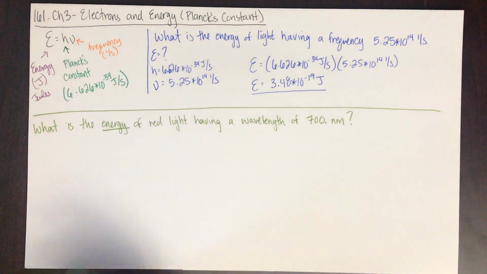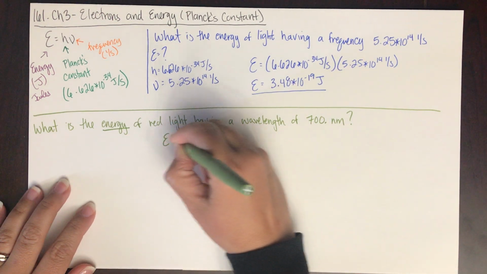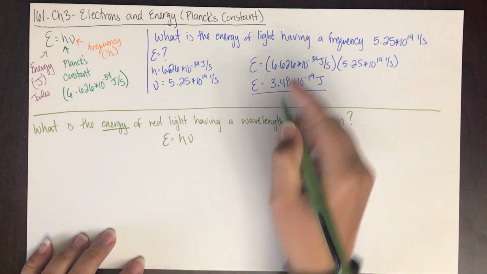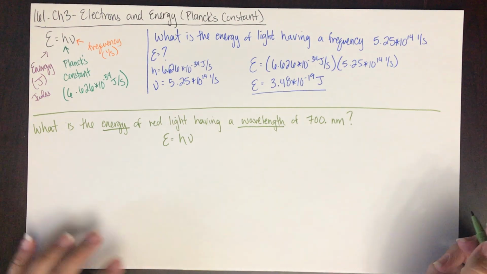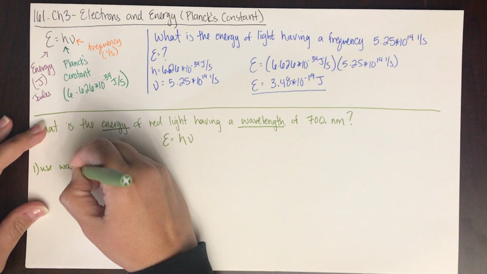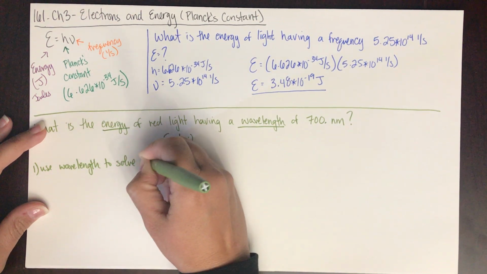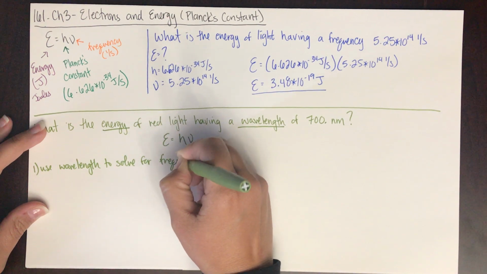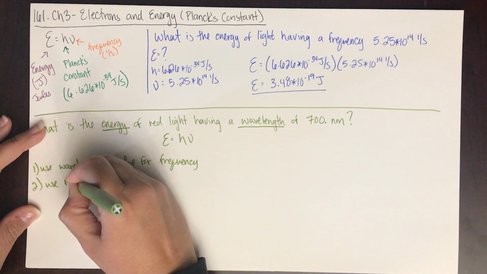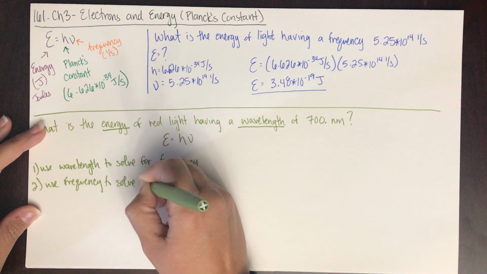So we're solving for energy of a wave. So we know the equation that we need to use is energy equals Planck's constant times the frequency, but we're not given the frequency, we're given the wavelength. So first thing we're going to have to do is use the wavelength to solve for frequency, and then we can use the frequency to solve for energy.